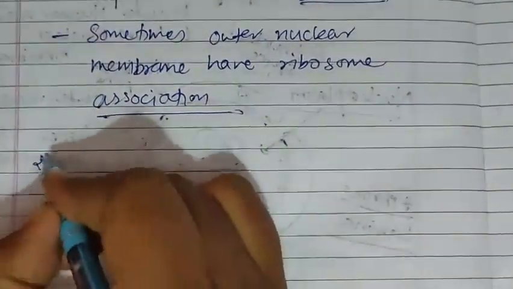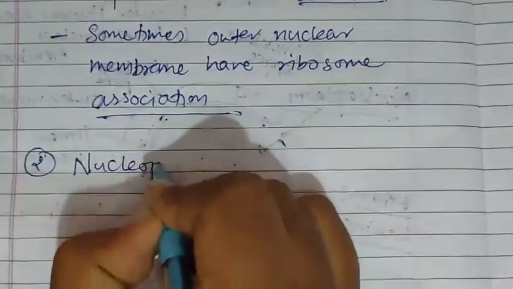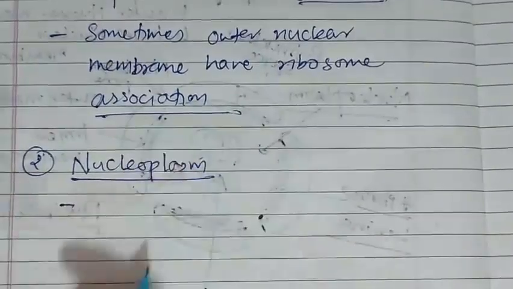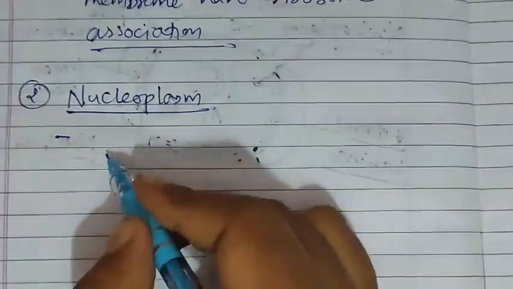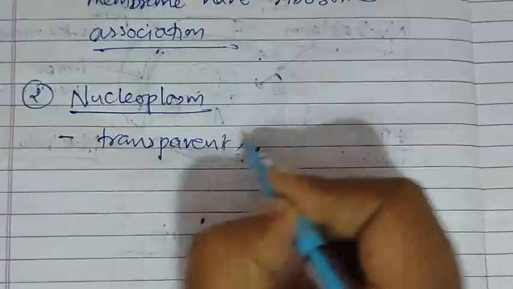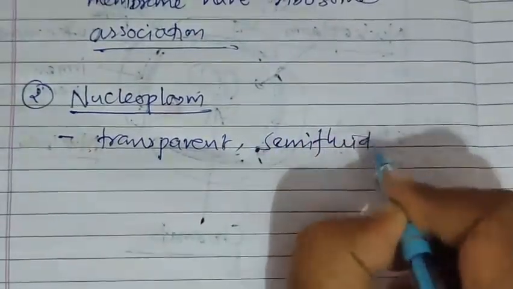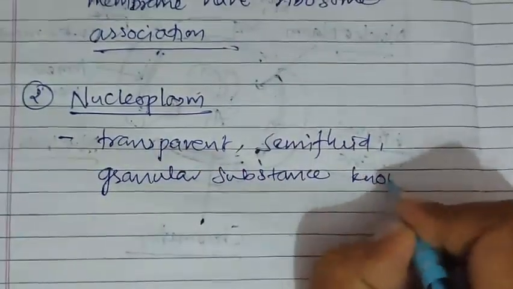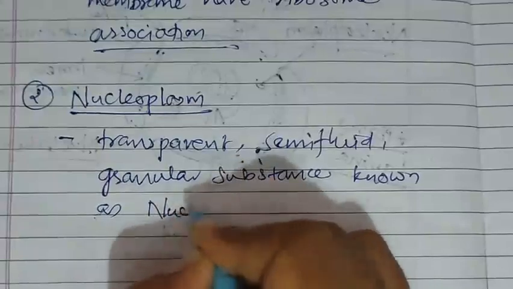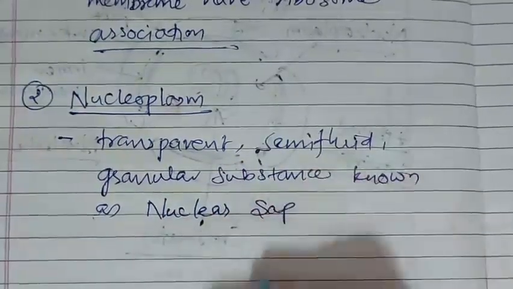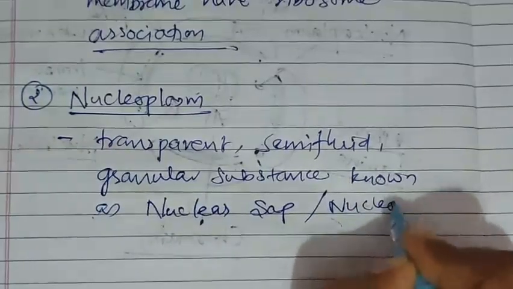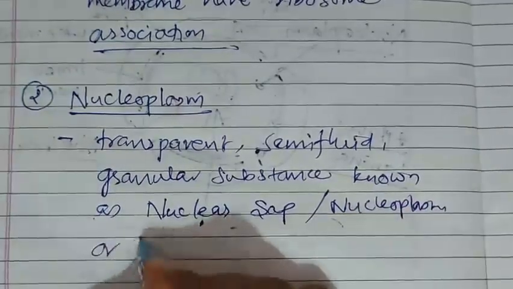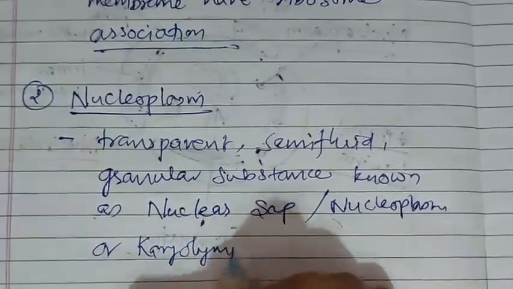Now after the nuclear envelope, second is nucleoplasm. This nucleoplasm is a transparent, semi-fluid, granular substance known as nuclear sap or nucleoplasm or karyolymph.